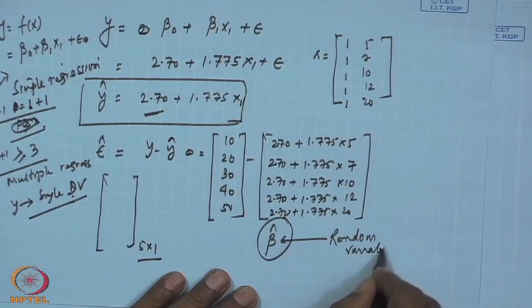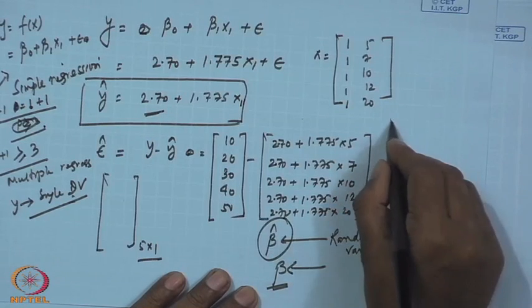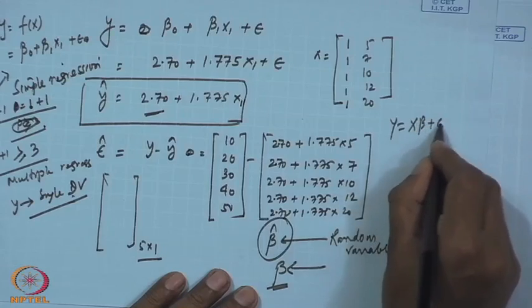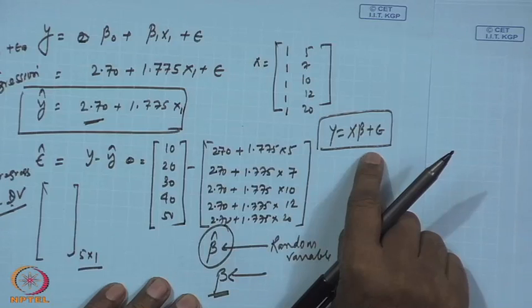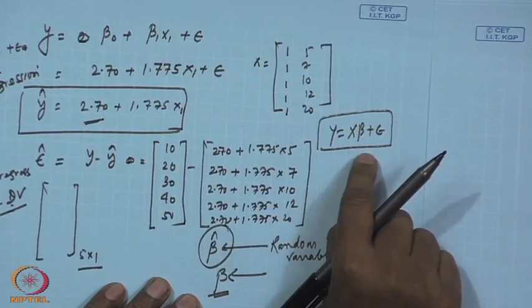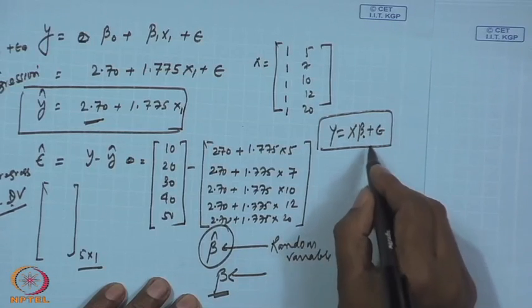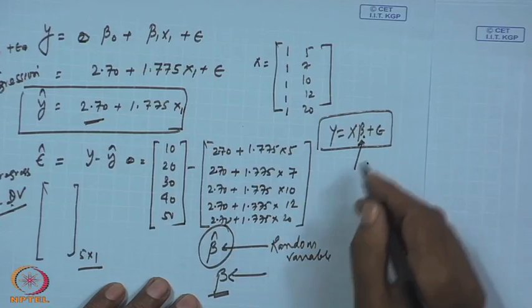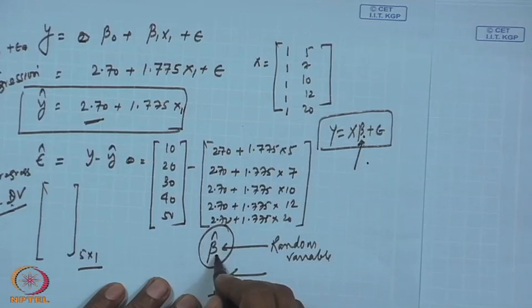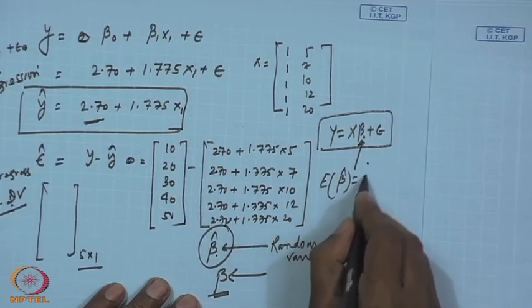What about beta? Is it a random variable, the regression coefficient from the population point of view? You have y equal to X beta plus epsilon, which we are talking about. It is our regression line for the population. Beta is the population parameter, so that is constant, and it is unknown. That's why you are obtaining this beta cap, which is an estimate of beta, and the expected value of beta cap will be beta.